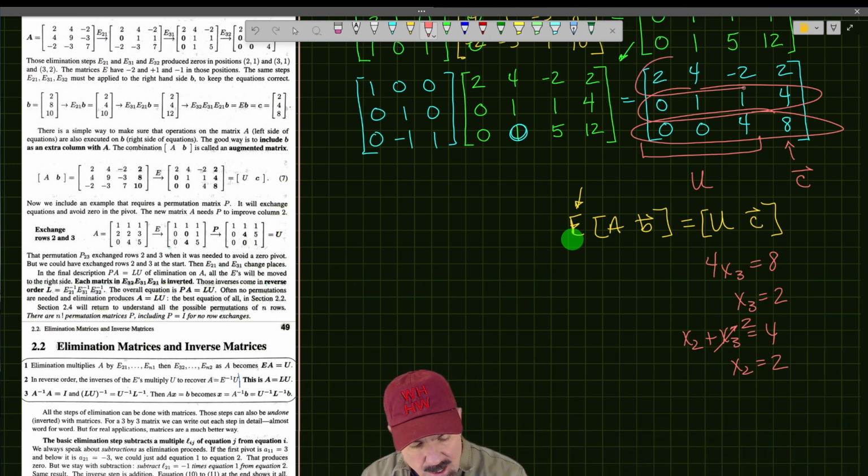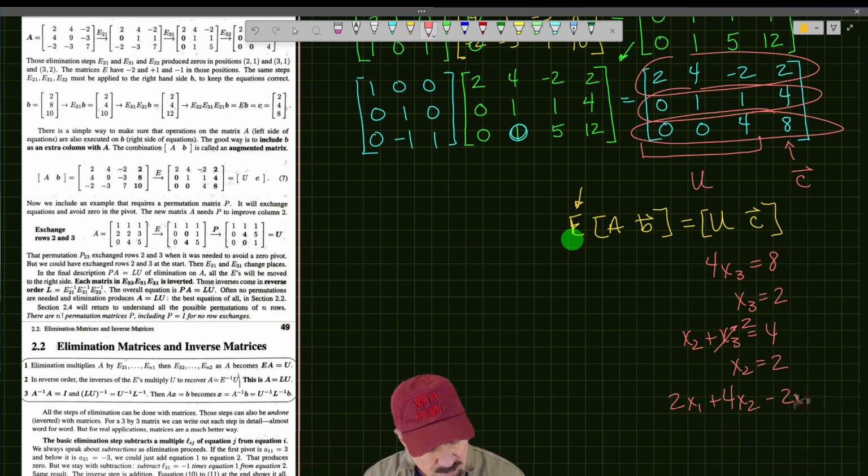And then the last equation up here is 2 times x1 plus 4 times x2 minus 2 times x3 equals 2. We substitute in again. This is a 2. This is a 2. And we end up with an 8 minus 4, which is 4.